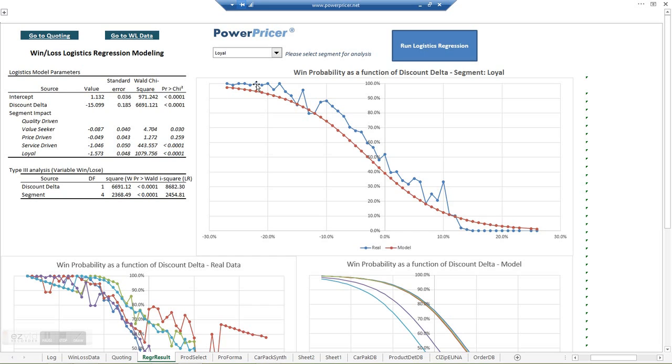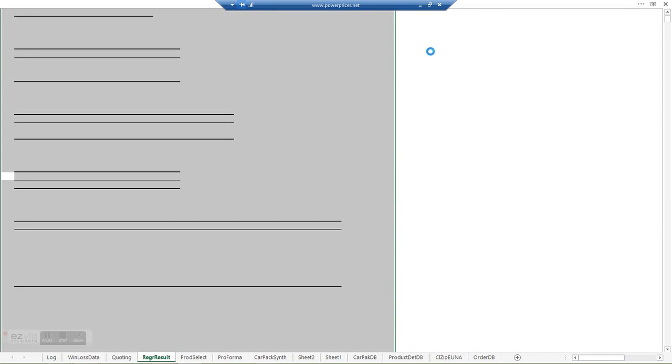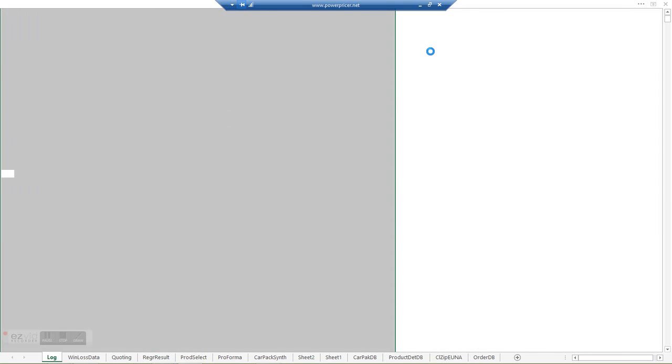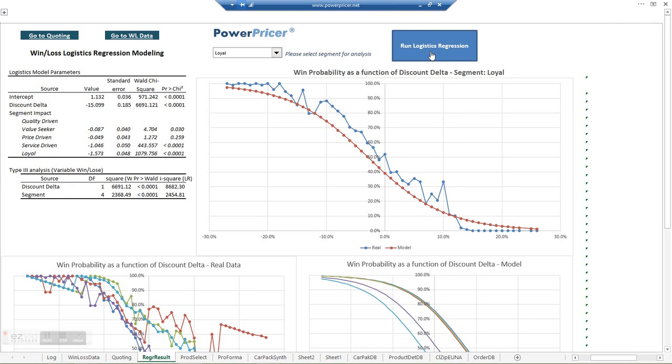Okay, so what you see here is a result of previous simulation, previous regression that we've done, which basically explains the probability of winning and losing such deals in that particular type of context based on a number of factors, including discount differential, of course, including the type of selling situation and the client segment.